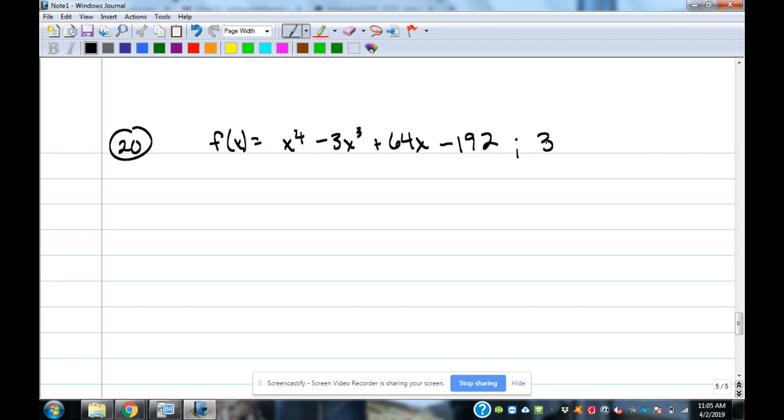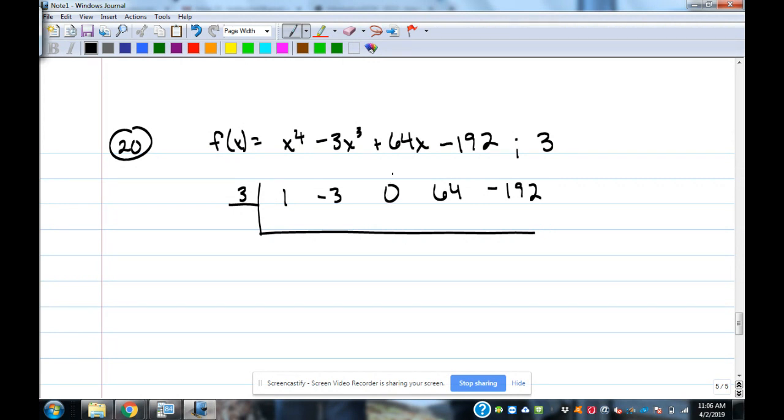All right, so go ahead and do synthetic division, right? Because there's no GCF. 1, negative 3, 64, negative 192. What else goes in there?